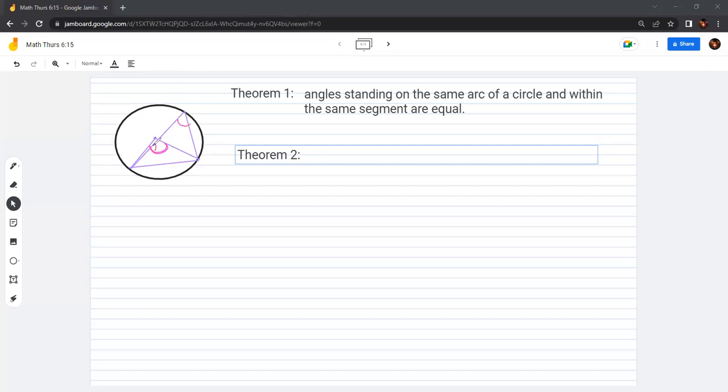So if this is 2x, the angle here will be x, right? So it's twice the size of that which extends onto the circumference. All right, so let's take a note of that theorem.